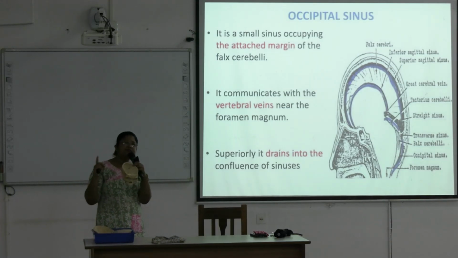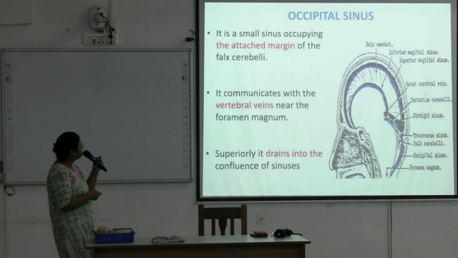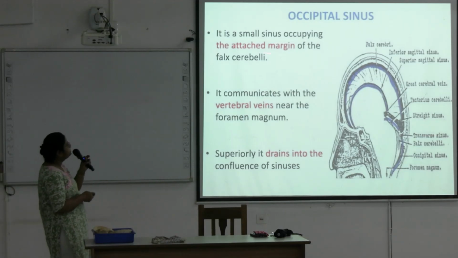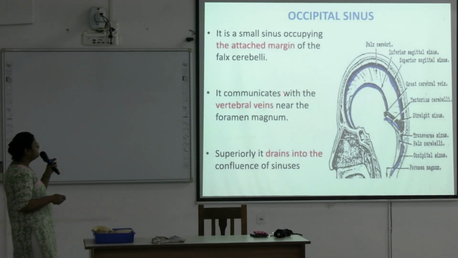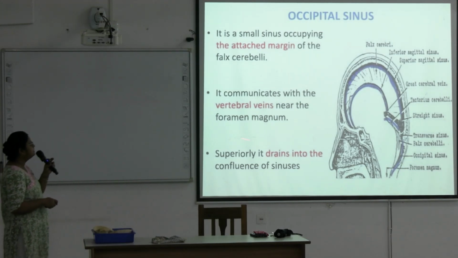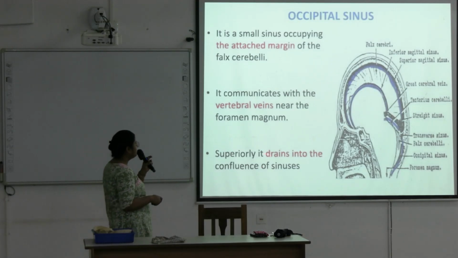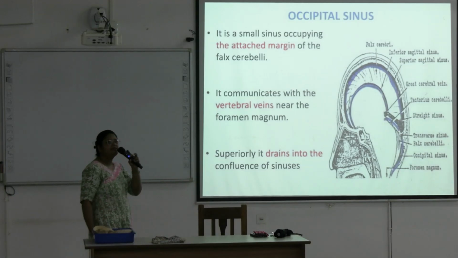It gives attachment to the falx cerebelli, separating the two lobes of the cerebellum. The occipital sinus, occupying the attached margin of the falx cerebelli, also an extension of dura mater, communicates with the vertebral veins near the foramen magnum. Superiorly, it drains into the confluence of sinuses. Here, it is draining into the confluence of sinuses.